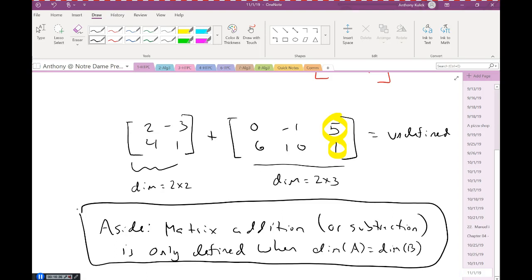So that's an important thing to kind of keep in mind, right? So we can't add any two matrices together. They must be the same dimension in order to be able to proceed with the addition or subtraction. Okay?